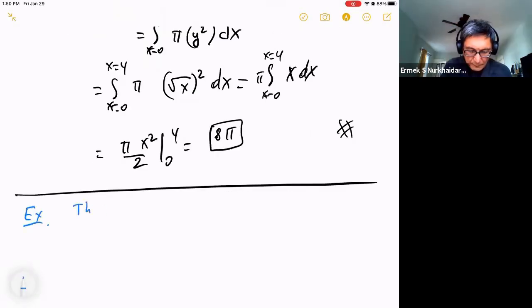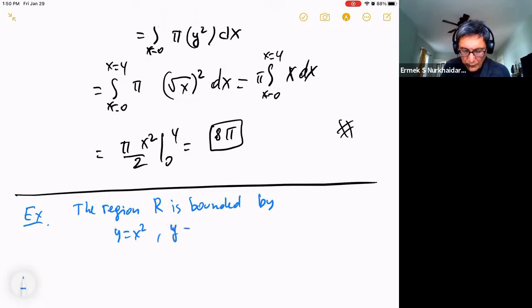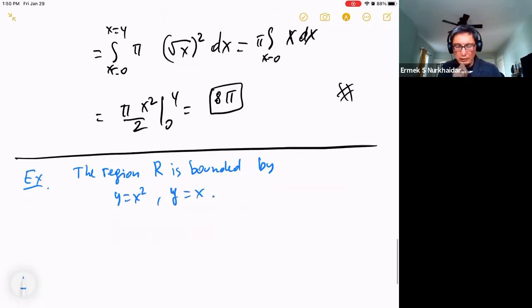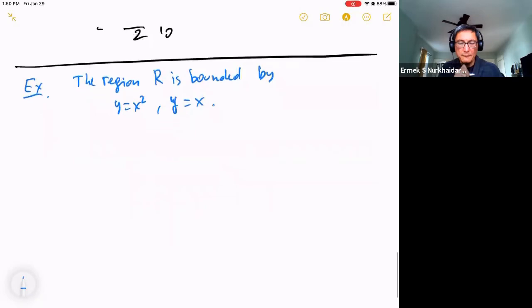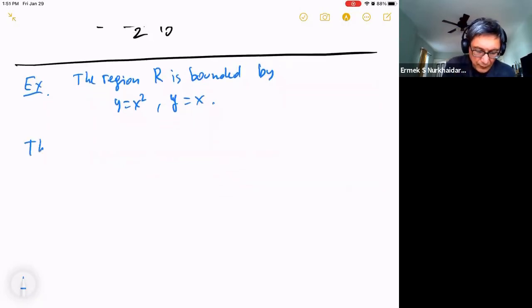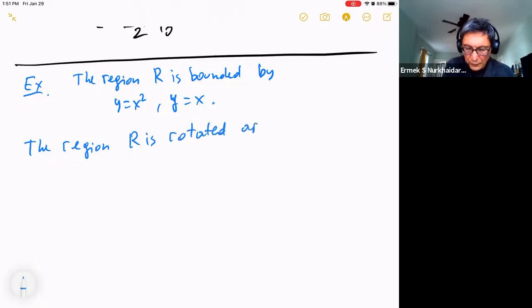The region R is bounded by y equals x squared and y equals x. So the region R is rotated around the x-axis.